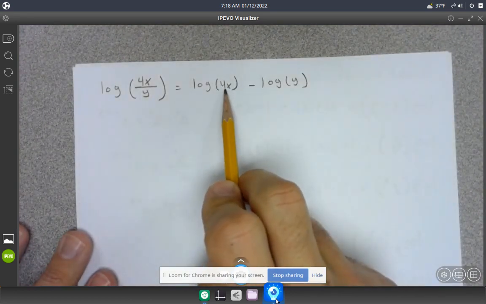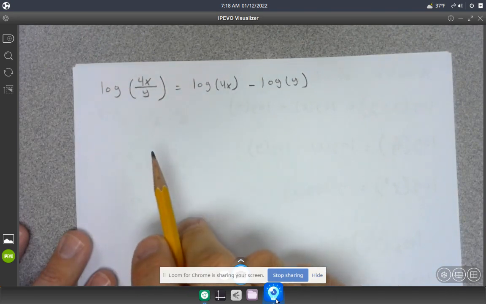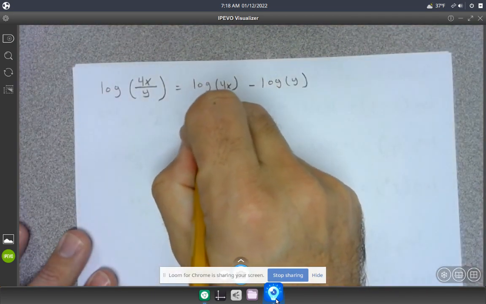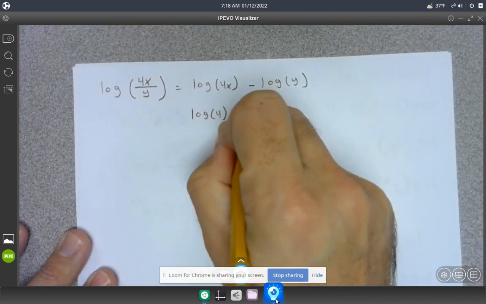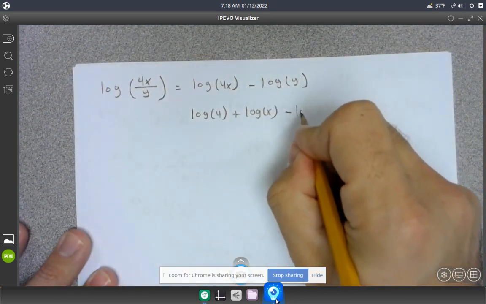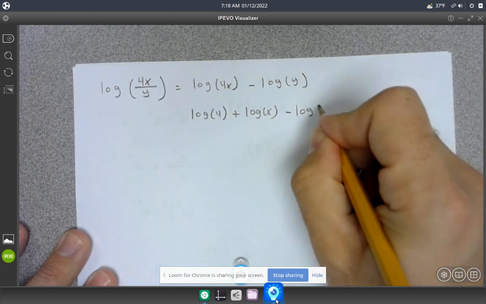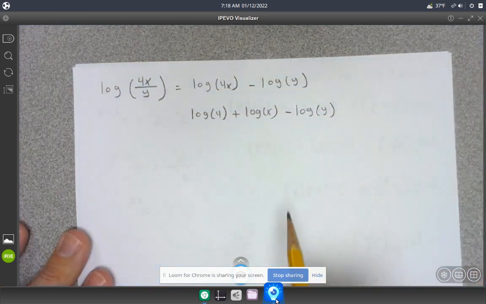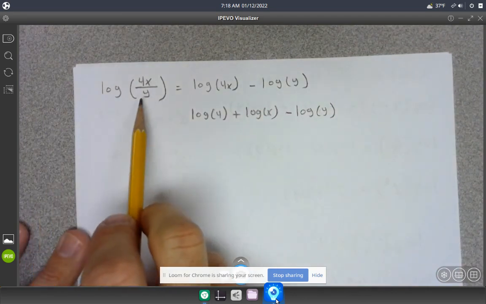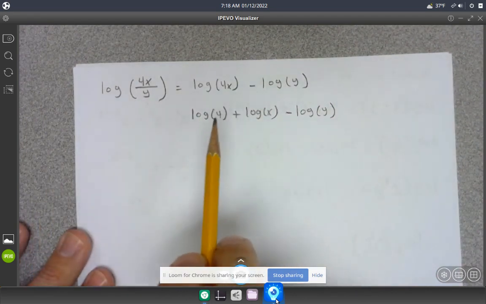And then this piece can be separated again because you've got 4 multiplied by x. Since it's a multiplication, it'll separate into an addition. So it's going to be log 4 plus log x minus log y. And that's it. I took all 3 of my pieces, these are actually factors, and rewrote them in terms of sums and differences.